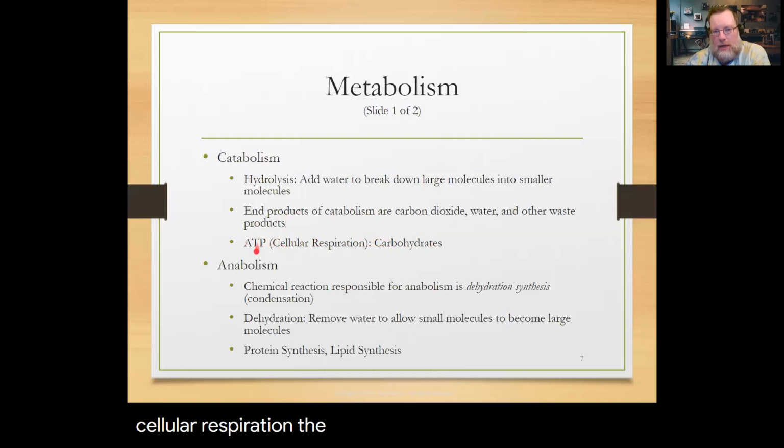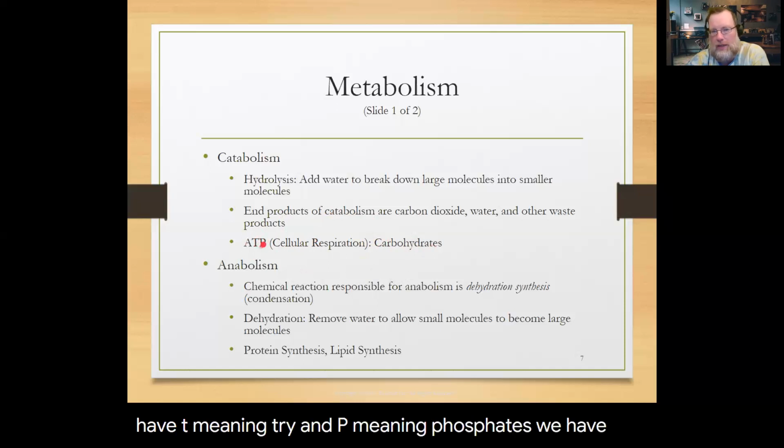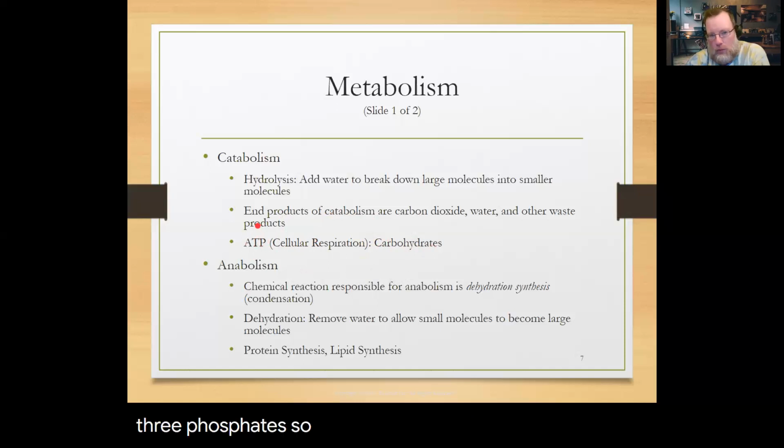The breaking of this phosphate bond, we have T meaning tri and P meaning phosphate. So we have 3 phosphates. So when we break that bond, we add water to ATP, we break that bond. That bond breaking is what provides energy at the cellular level.